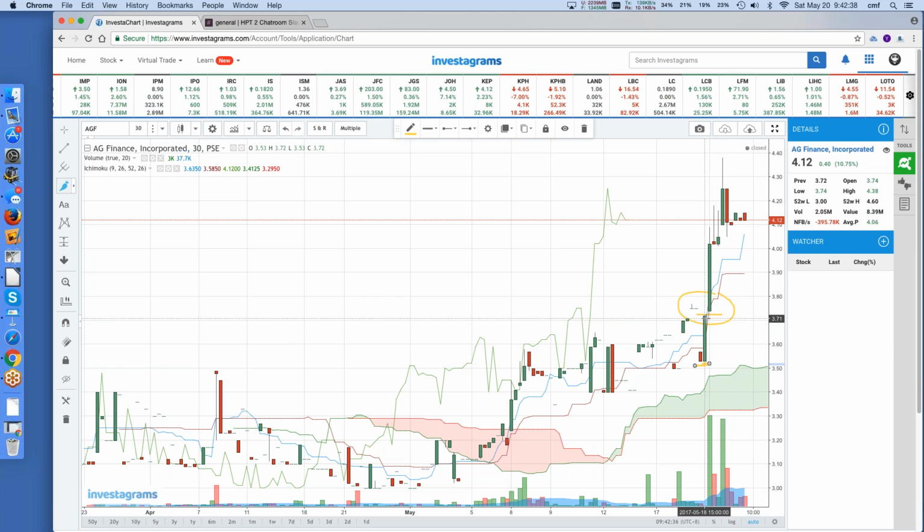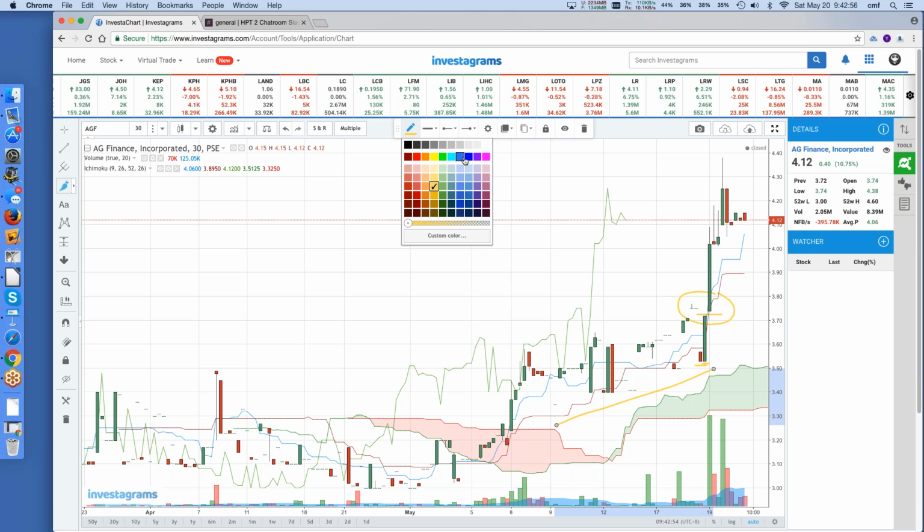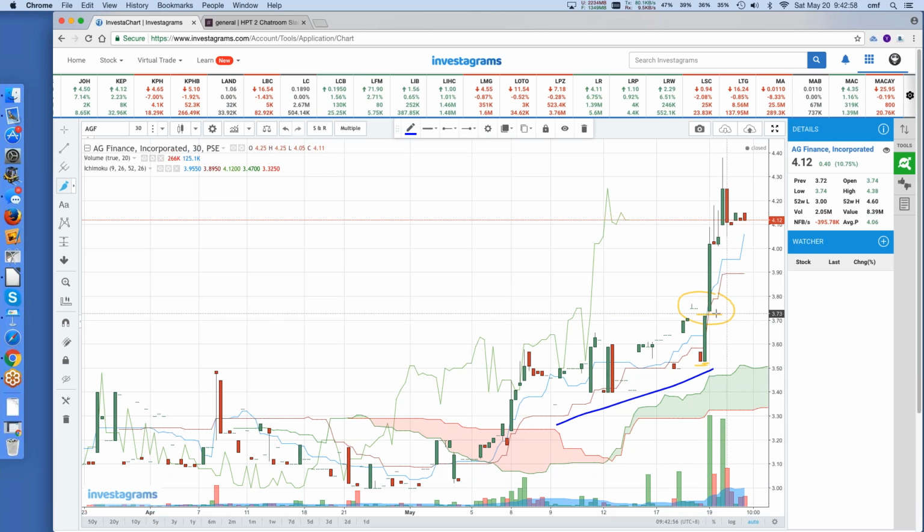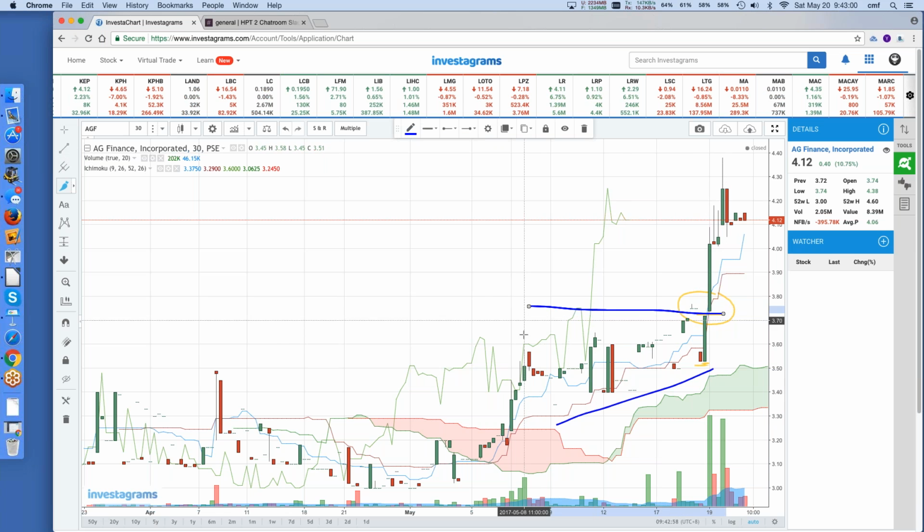It closed at 371 or 372. So you find that on Thursday, the price had already been trending above the Kumo. This is the 30-minute chart, right? And you also see that at the closing of Thursday, the Chico span was above the price.